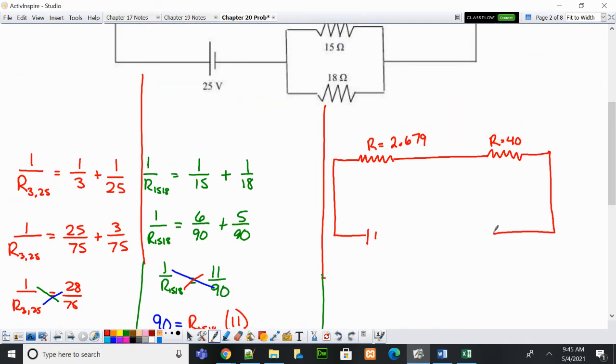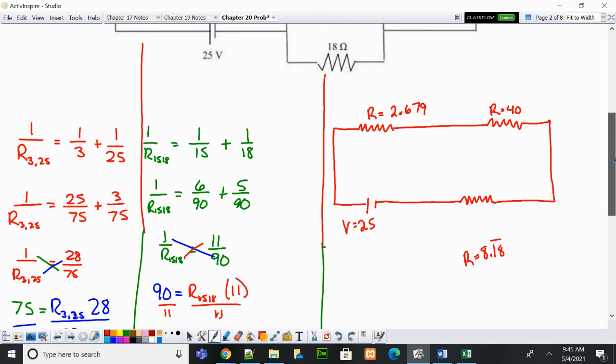All right, I'm simplifying those two that are in parallel to make it a simple circuit, so that the resistance there was about 8.18. And then the voltage here is still 25 volts. So now that I've got a simple circuit, I can solve this like a simple circuit, and then we'll work backwards to find our other pieces.